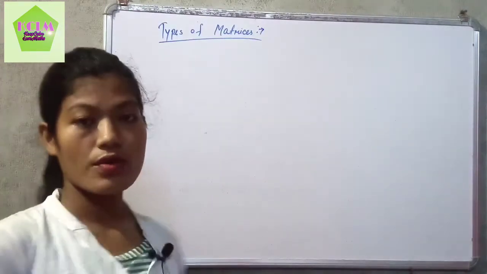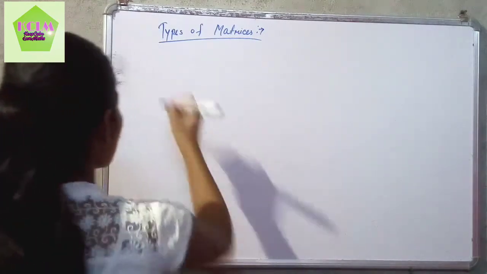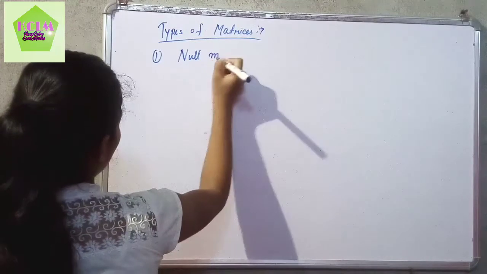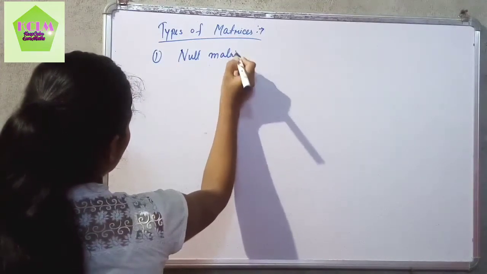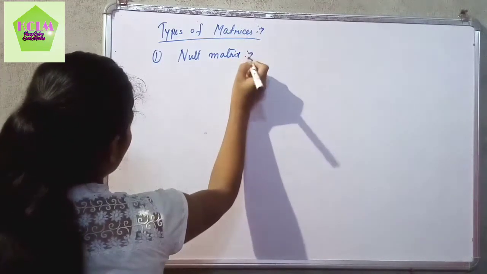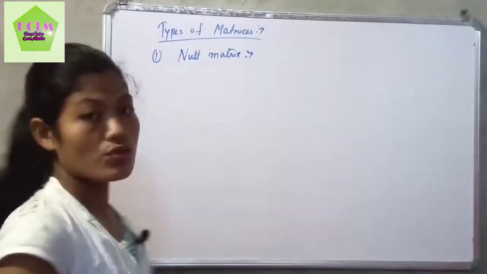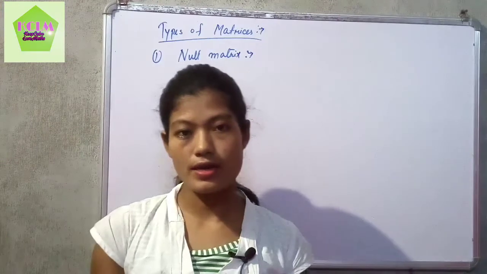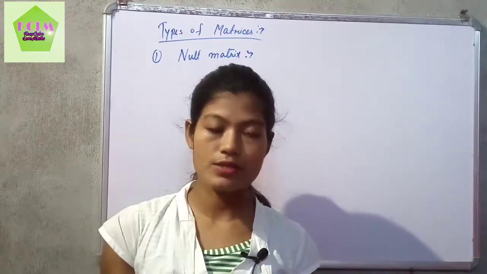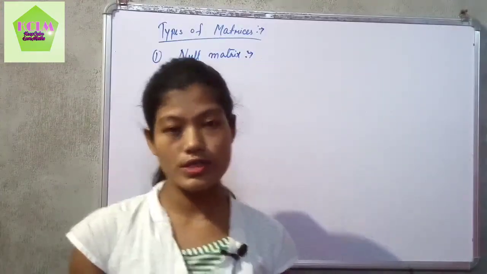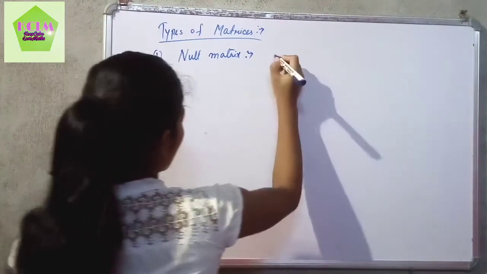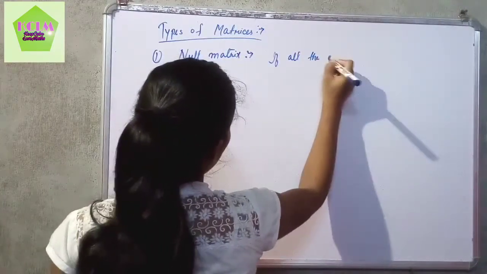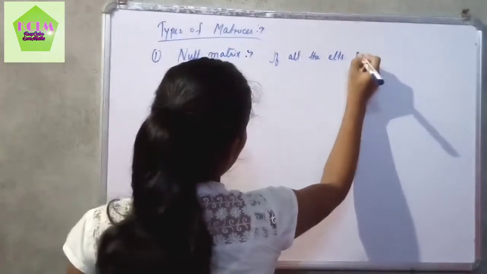So, types of matrices. First of all, we get a null matrix. If in a matrix all the elements are all 0, then this matrix is called a null matrix or a zero matrix.